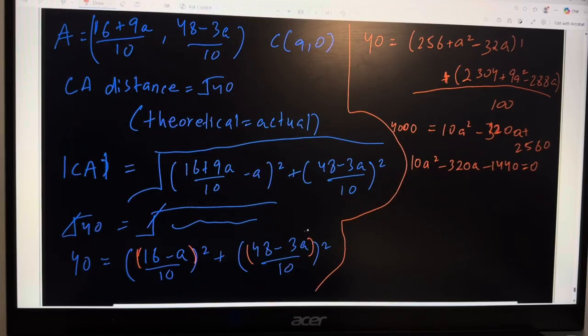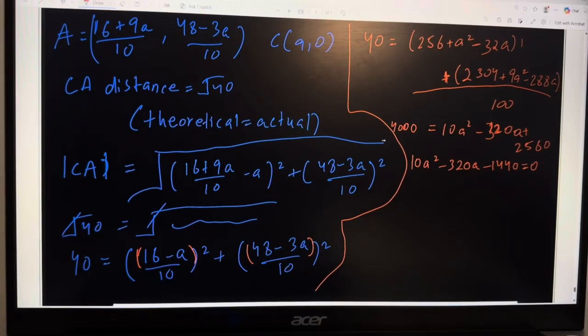Just use the identity, because the square is on the bracket. 10 squared is 100, so they have 100 common, and the first bracket squared is this, the second bracket squared is this. So this bracket plus this bracket upon 100, so I take the 100 to the other side, 40 times 100 is 4000, and I simplify this, so I got this.